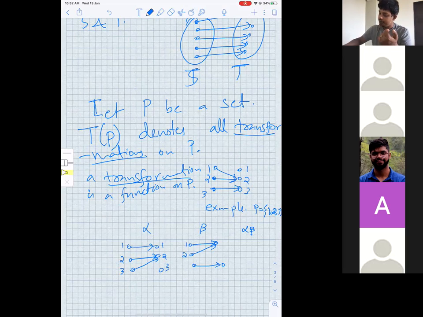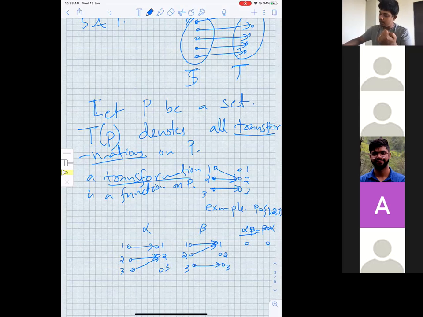Then I define their product to be just composition: alpha beta is equal to beta composition alpha. If I'm talking about alpha and beta functions, so beta composition alpha is what I define to be their product. So what will be this composition?